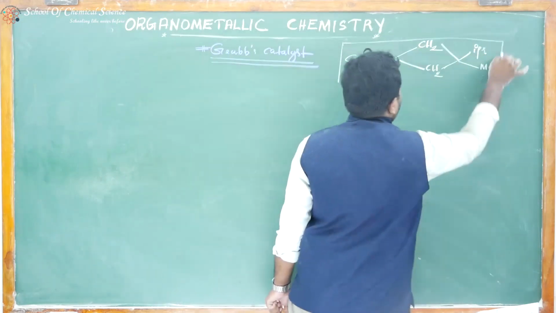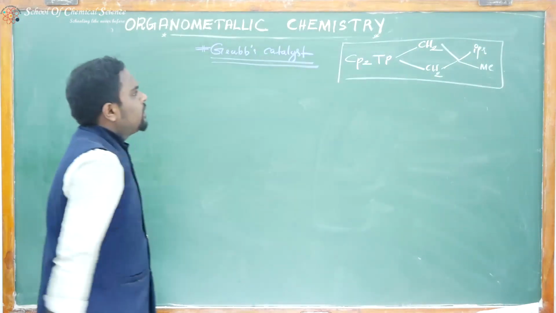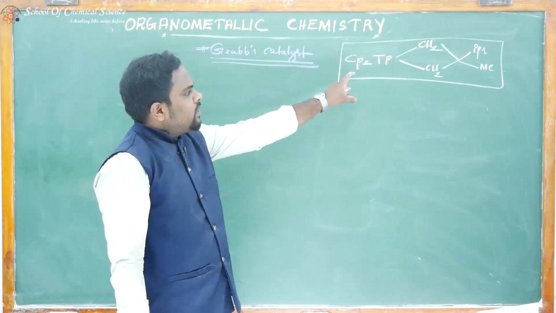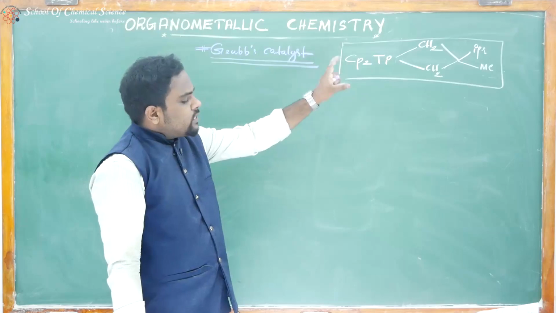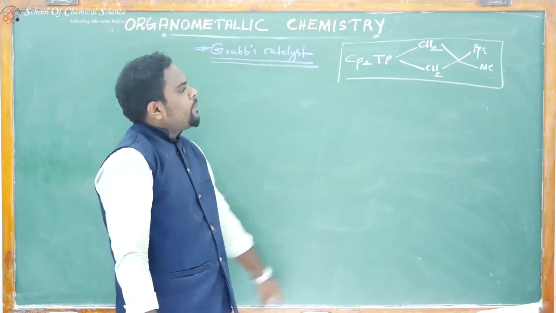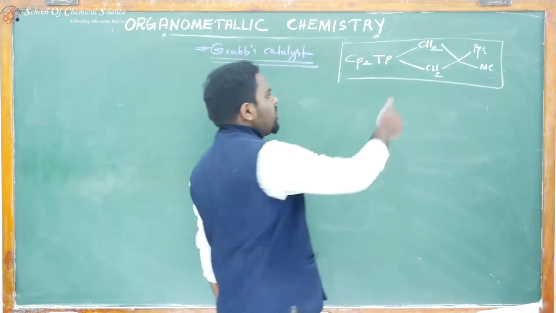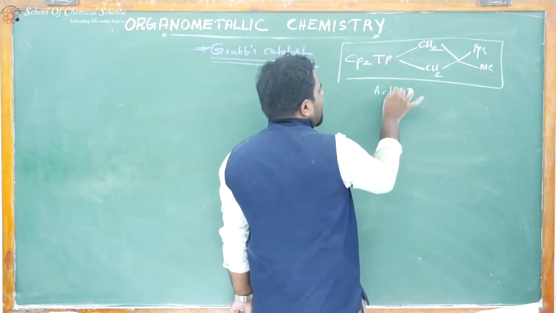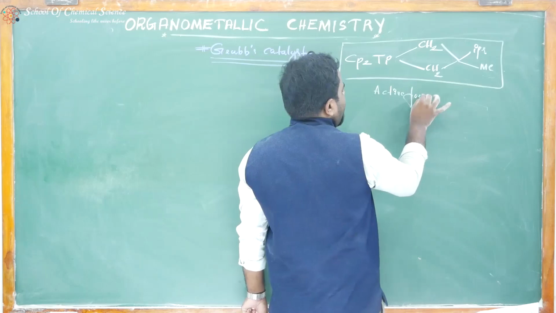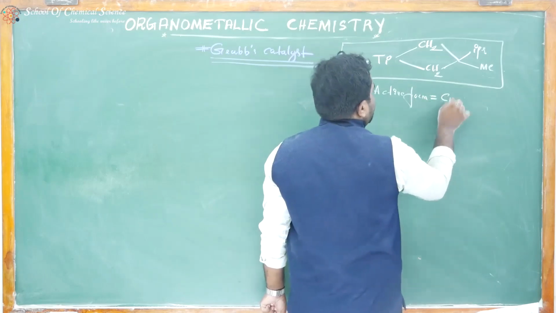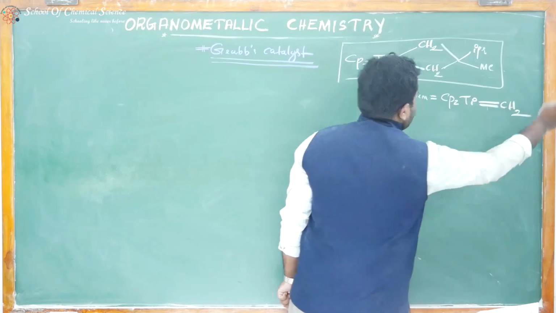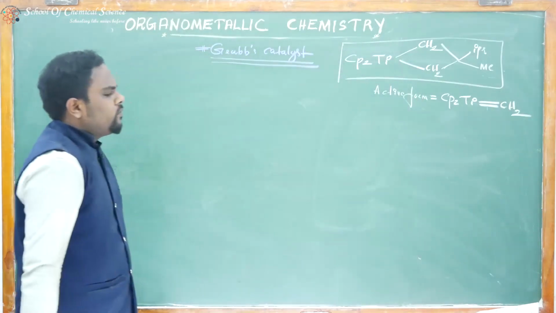This is called Grubbs catalyst, a modification of Tebbe's reagent. Cp2Ti, CH2, CMe(iPr). This is a four-membered ring. What is the active form of this catalyst? Here also the active form is Cp2Ti=CH2.